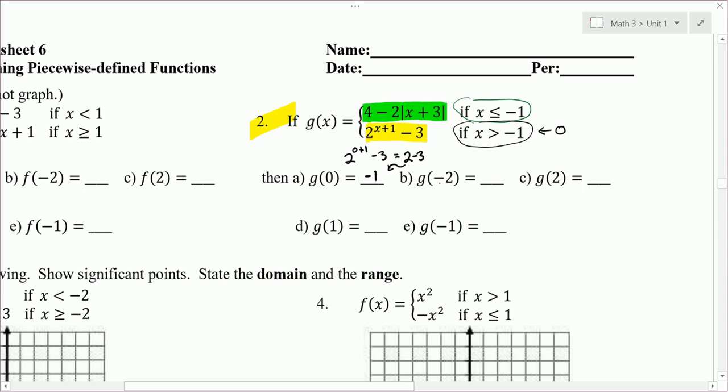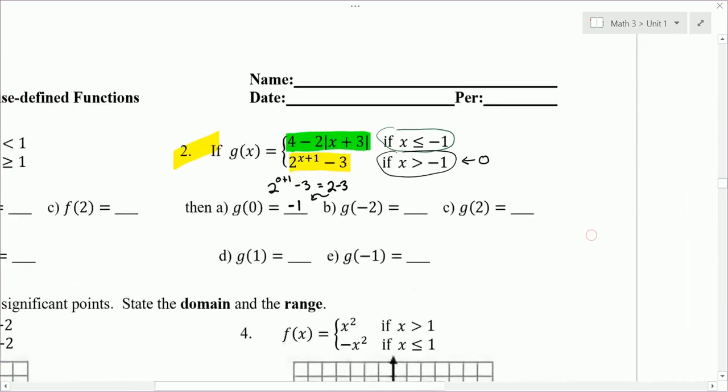For part B, we want to plug in -2. Well, which restriction does that belong to? Is -2 less than or equal to -1, or is it bigger than -1? And if you have trouble with this, remember your number line. Here's 0, -1 is to the left, -2 is to the left of -1, so it's less than, so -2 belongs to the top piece.